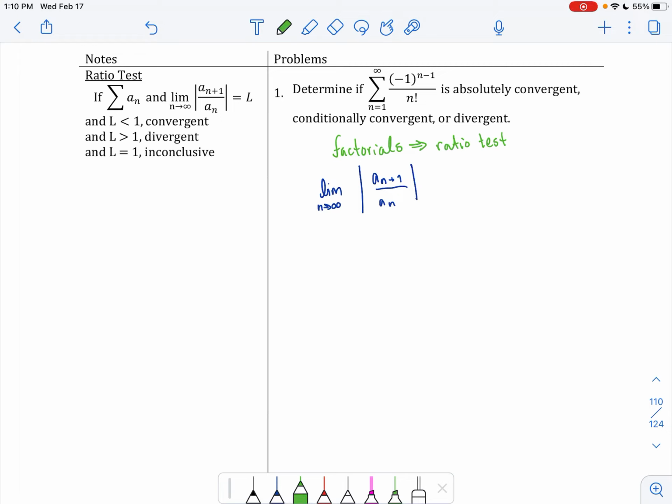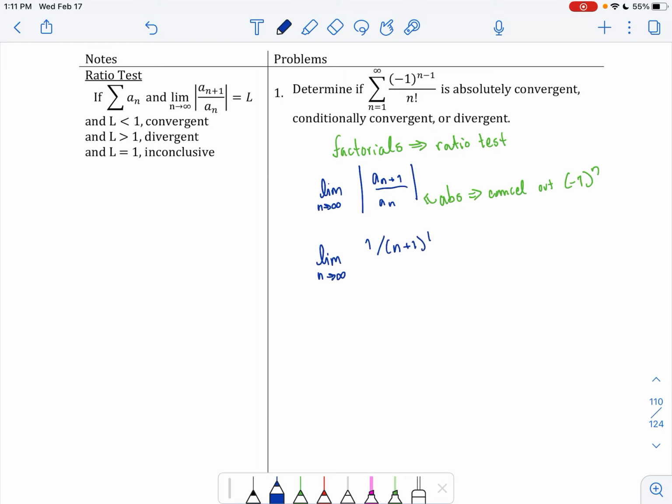Now, the absolute value here means that you can cancel out any powers of -1, because that doesn't change the absolute value, it just makes it positive or negative, which absolute value is always positive.